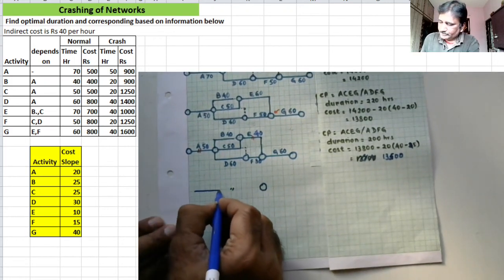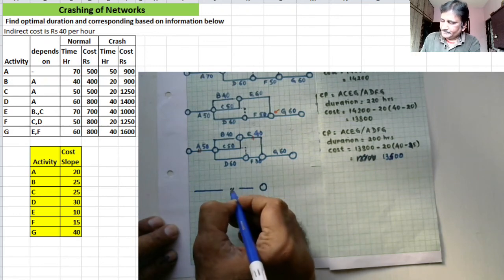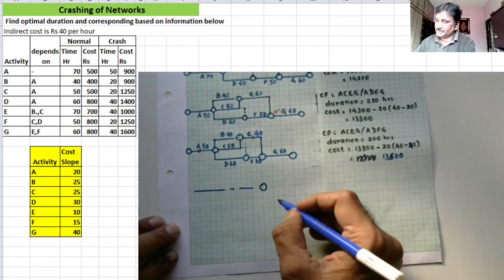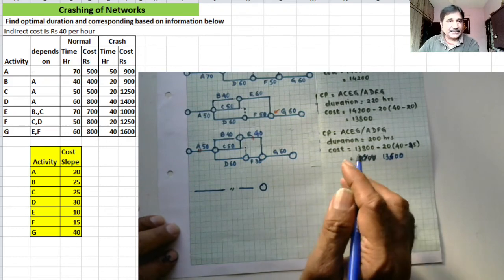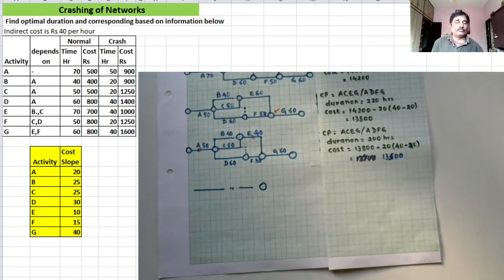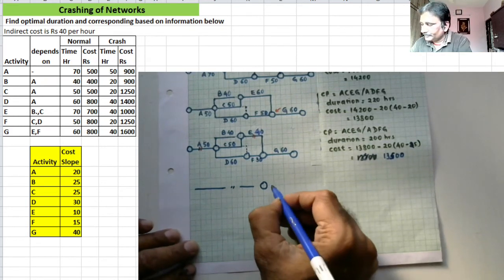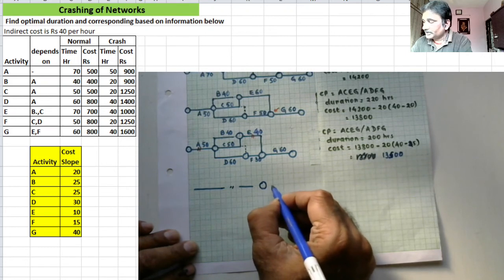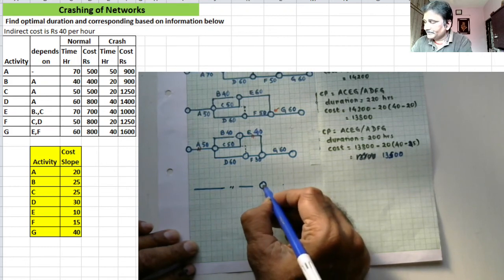Only change is going to be ahead, because activity G, we are reducing from 60 hours to 40 hours, right? We are reducing activity duration of activity G from 60 to 40, right? So here I go. This is 10 and 20, 40.